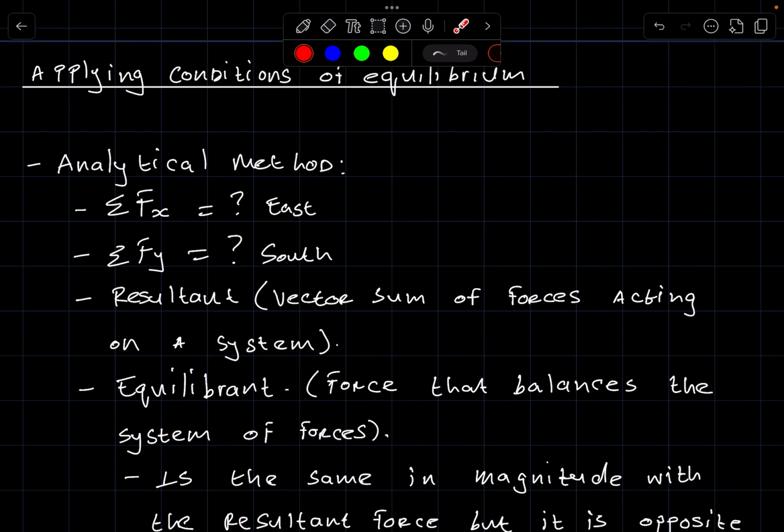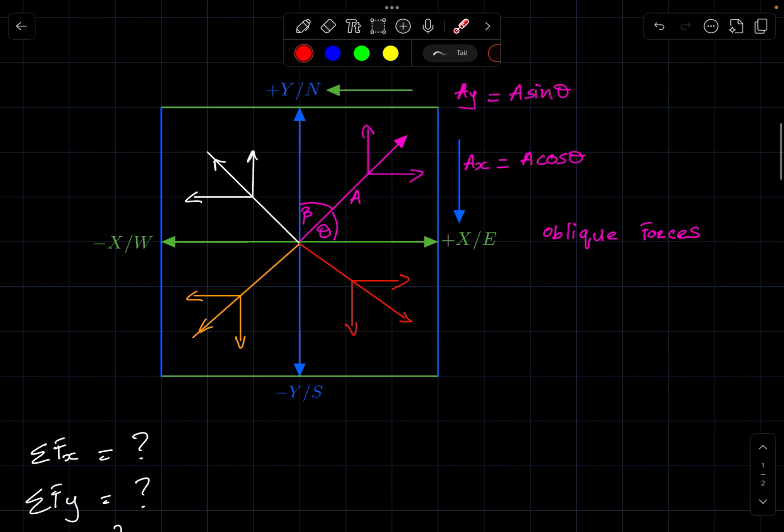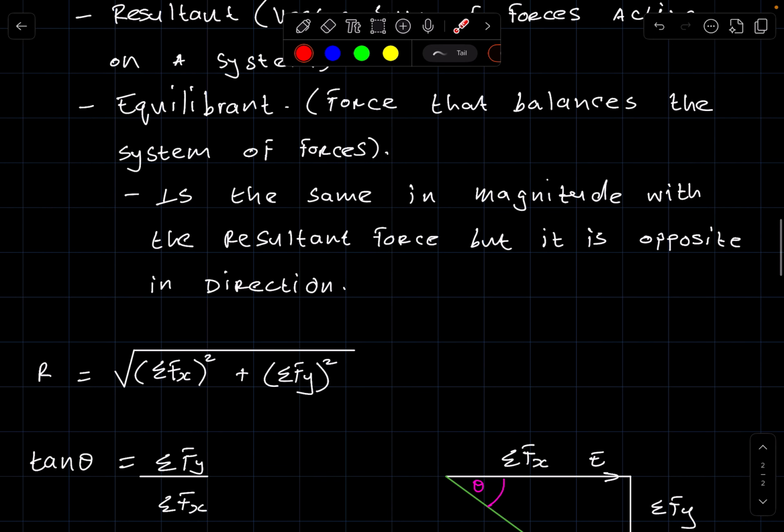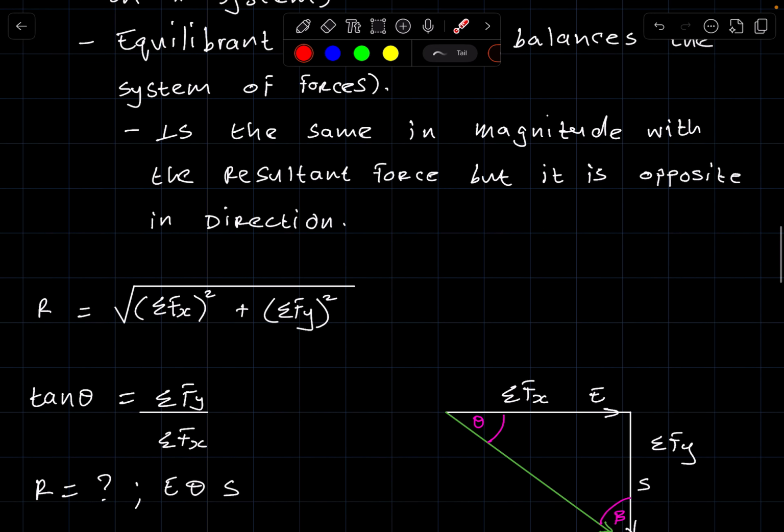So if the x component is east and the y component is south, the quadrant where you have east and south is the fourth quadrant, meaning that your resultant force is acting somewhere in this quadrant. Now, to get the exact point where it is acting, you then have to calculate the angle that it is making, either from the x-axis or the y-axis.